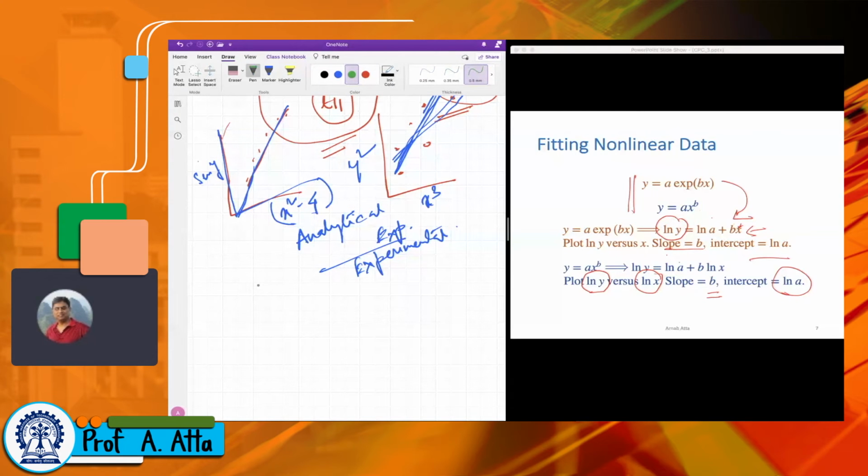Any idea? So it is either the derived expression or solved expression. Okay. So for an analytical expression, say this expression I mentioned, e to the power bx, there is no point of doing any interpolation or extrapolation. You just put in the value of unknown x and get the value of unknown y with confidence.